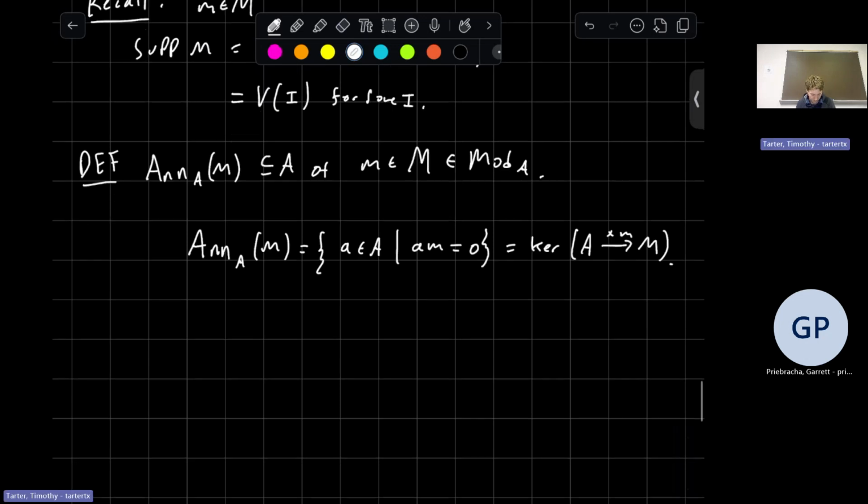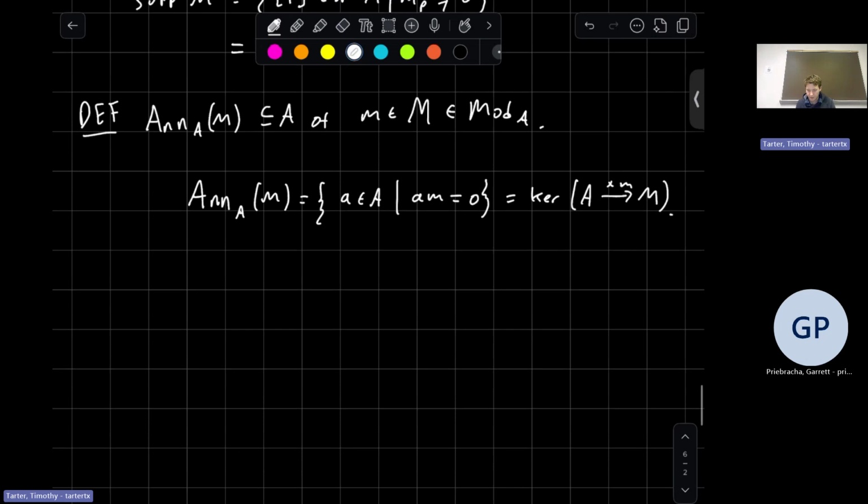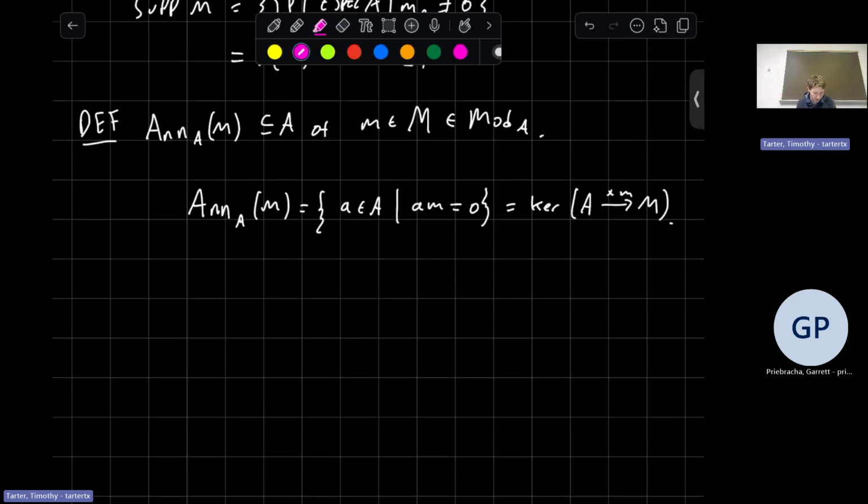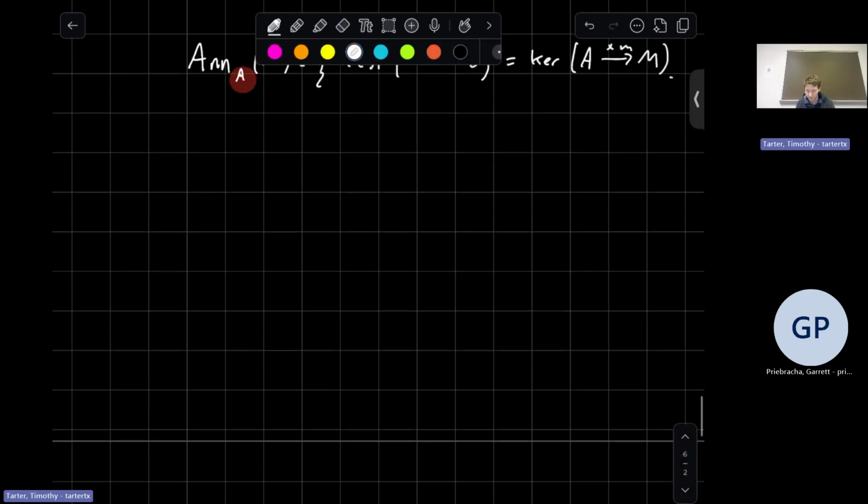We'll usually omit this subscript A as long as the context is clear.